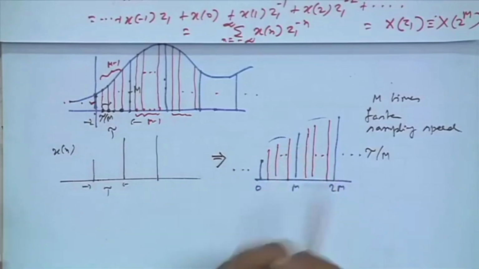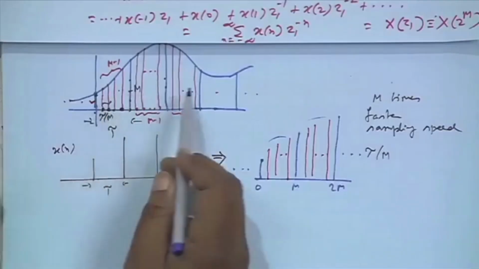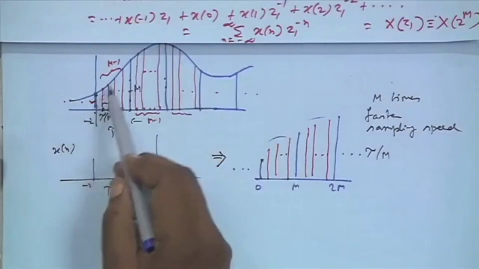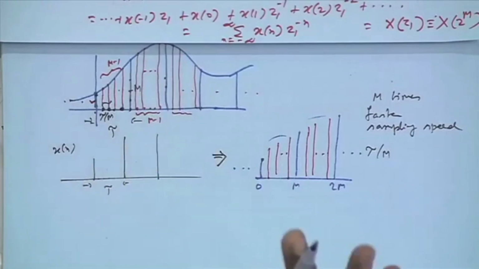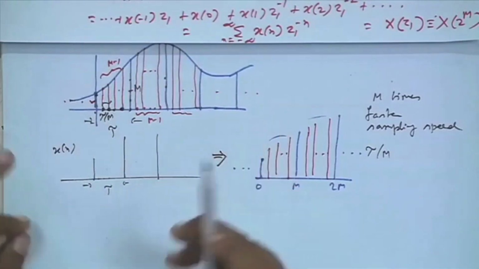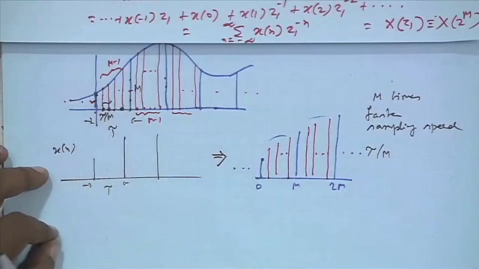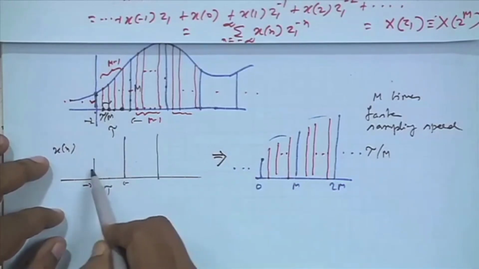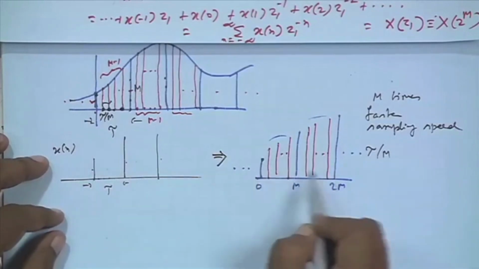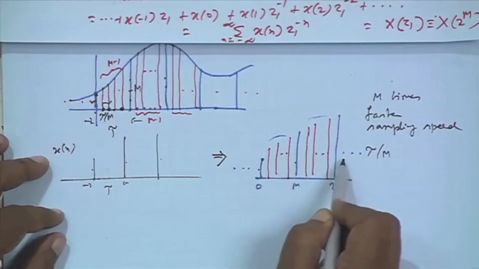So, you can ask me, this is a very peculiar question, out of nowhere. Is it magic? These samples I cannot take anymore, because the analog function has gone. I have sampled it, it is gone. So, where from will I get these red colored intermediate samples? I am only given the blue colored samples.